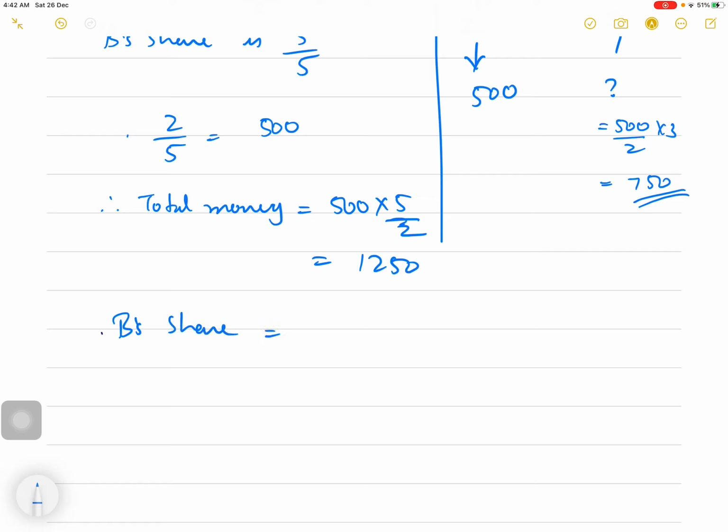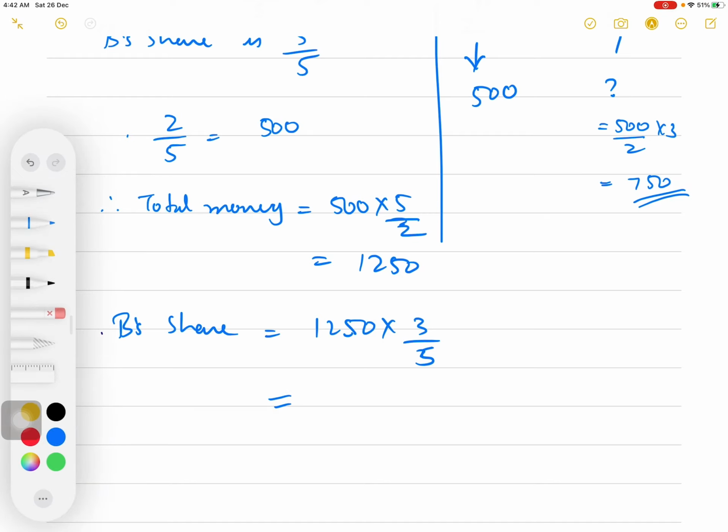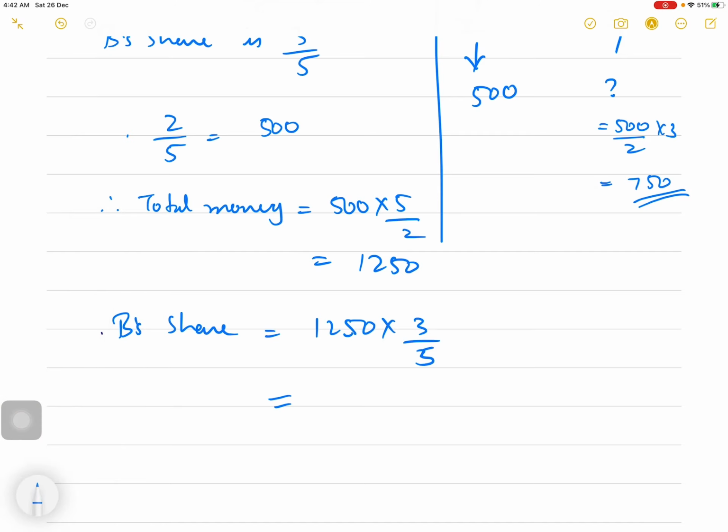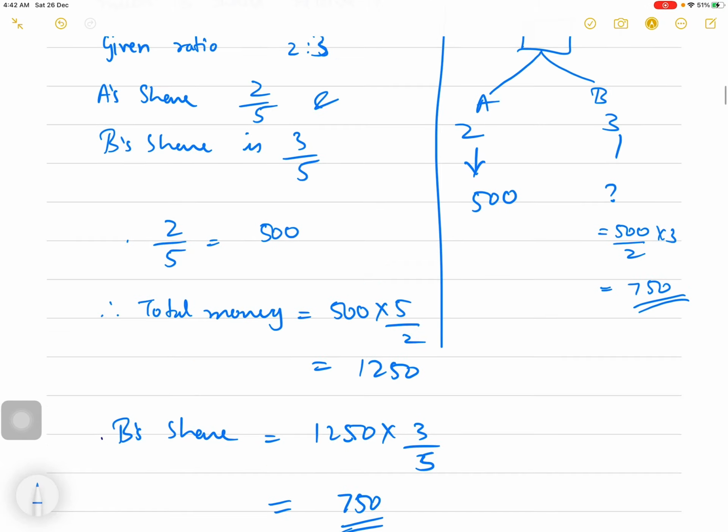B's share is equal to 1250 into 3/5, which comes to 750. If 2/5 is 500, how much is full?